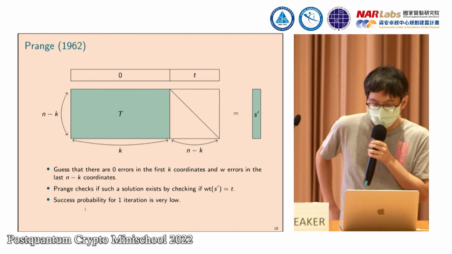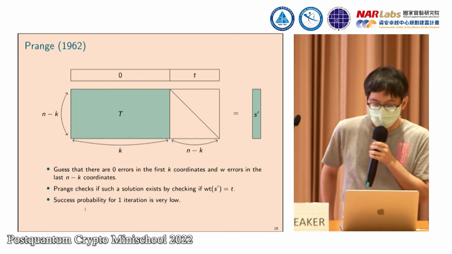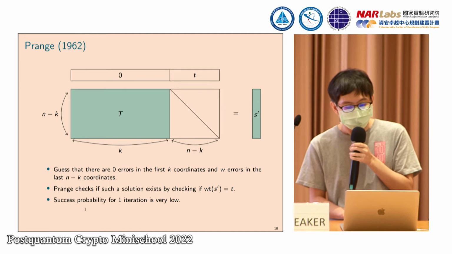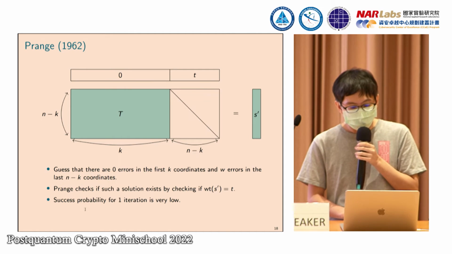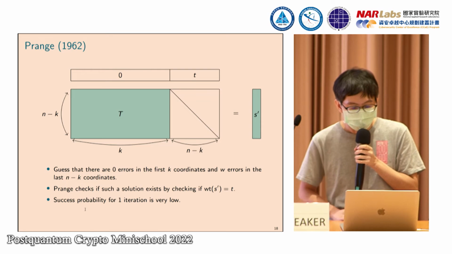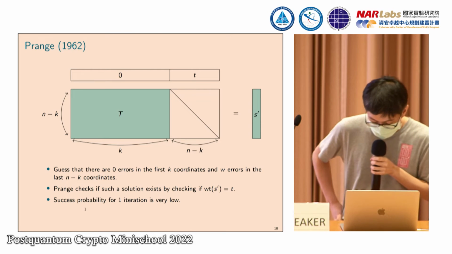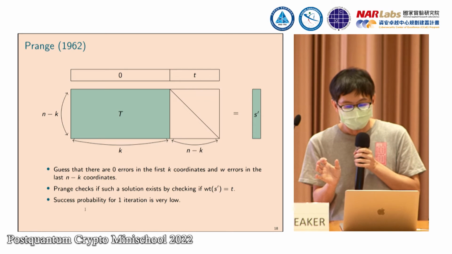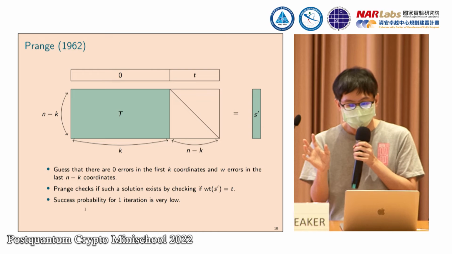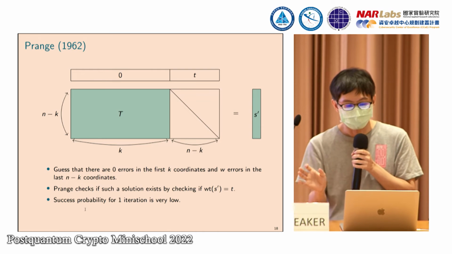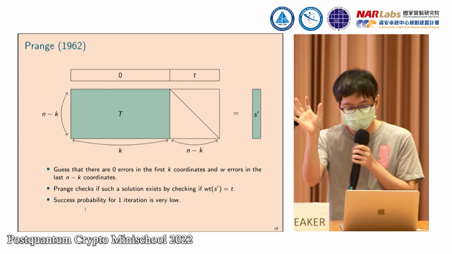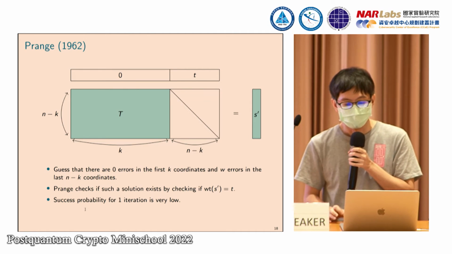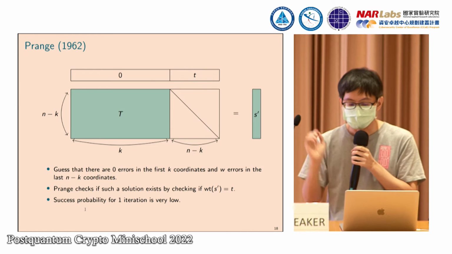Now we can take a look at a very old ISD algorithm, which is the Prange algorithm. In this algorithm, in each iteration we try guessing that the form of the error vector corresponding to this iteration is going to be like what I show in this picture.